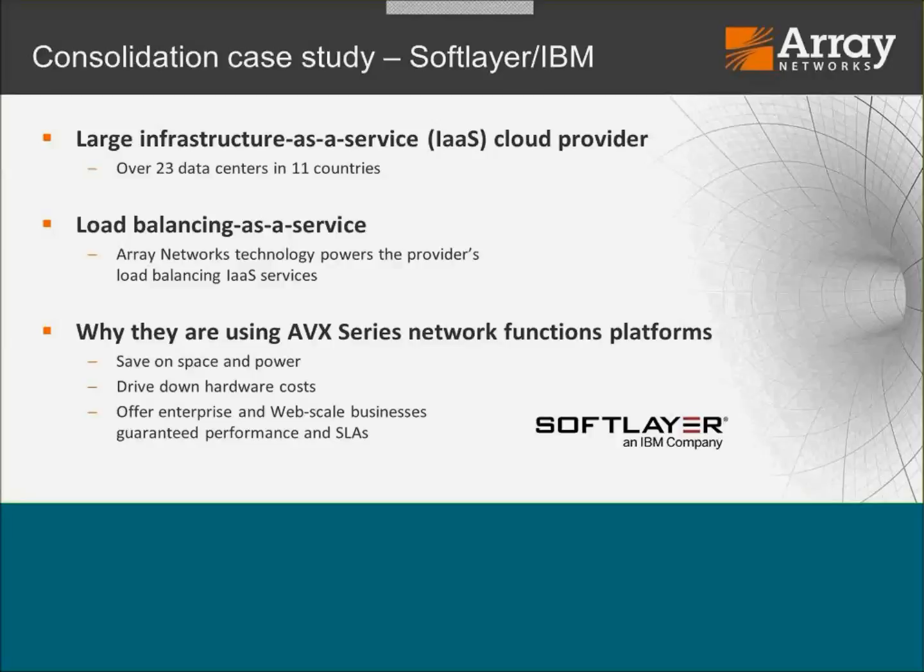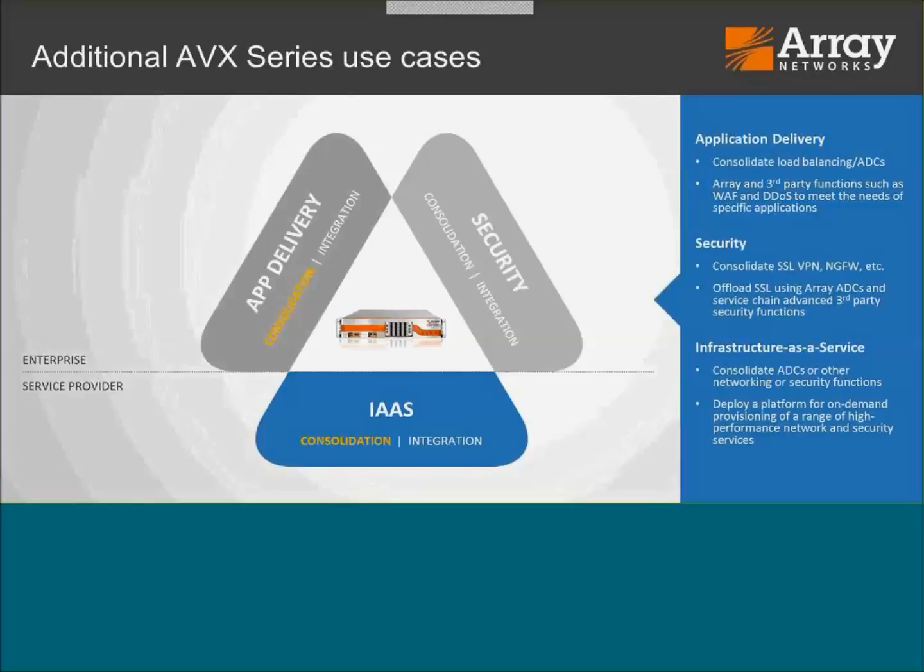They need something that's flexible, highly efficient, highly agile, highly portable, capable of being orchestrated, has all the attributes of cloud and virtualization, but due to the nature of their customers and the nature of their services, they need to have guaranteed performance. The network function platform delivers that for them. So it's a great use case, both in the cloud, in MSP, but also for consolidation, and so on.